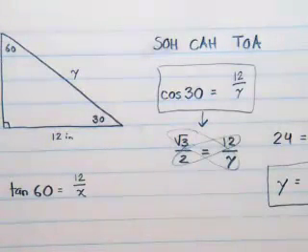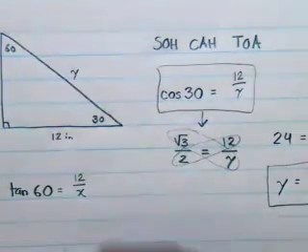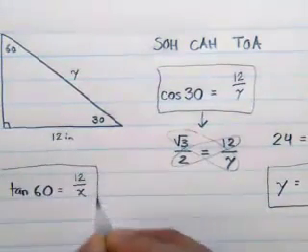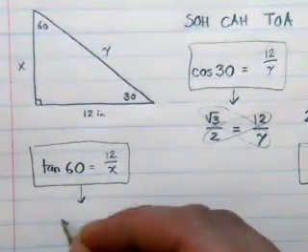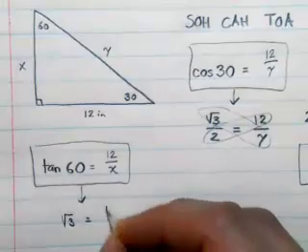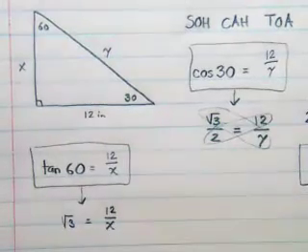Okay. Look back in your journal if you don't have it open. What did we already say was the tangent of 60? It's just the square root of 3, correct? So this equation then becomes the square root of 3 equals 12 over x then.